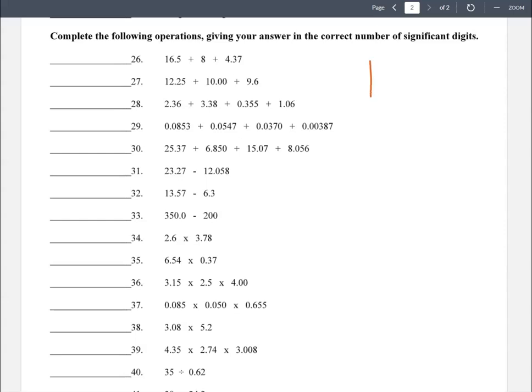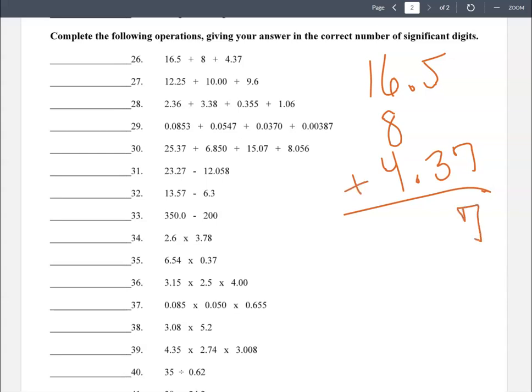So if we look at number 26, we have 16.5 plus 8 plus 4.37. If we add all of that up, you get 28.87.